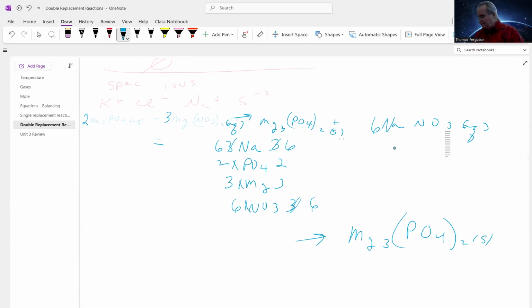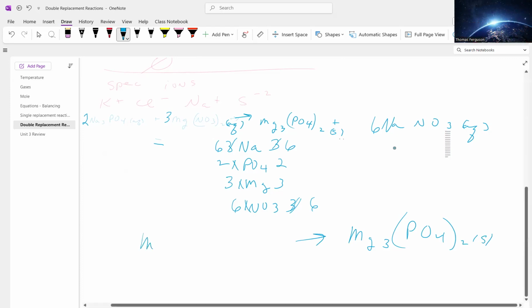Well, there's a magnesium and the phosphate. Phosphate is -3, so we need 2 of those. Magnesium's +2, so we need 3 of those. So that's the net ionic equation.